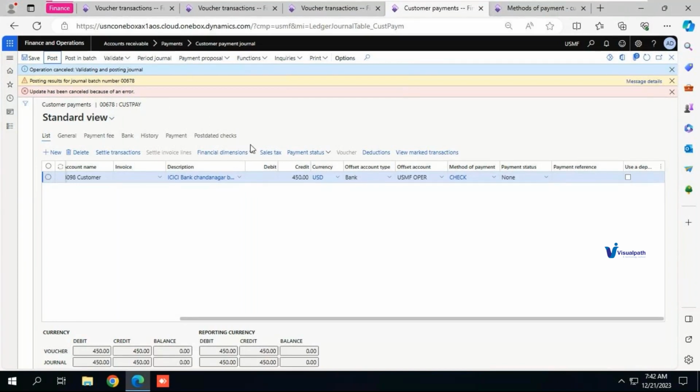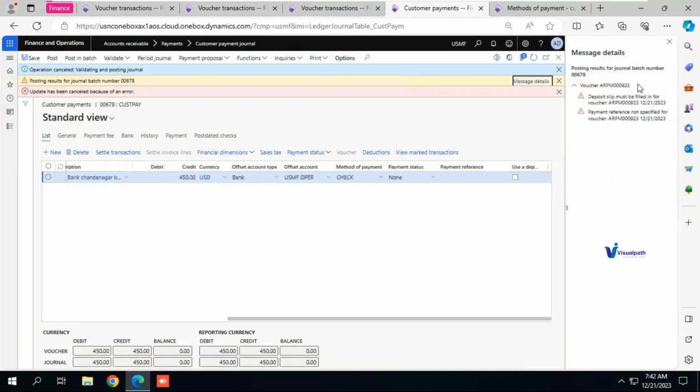So this is your task. You need to understand why I am not able to post. It will give you message details: deposit slip must be filled, and payment reference not specified.